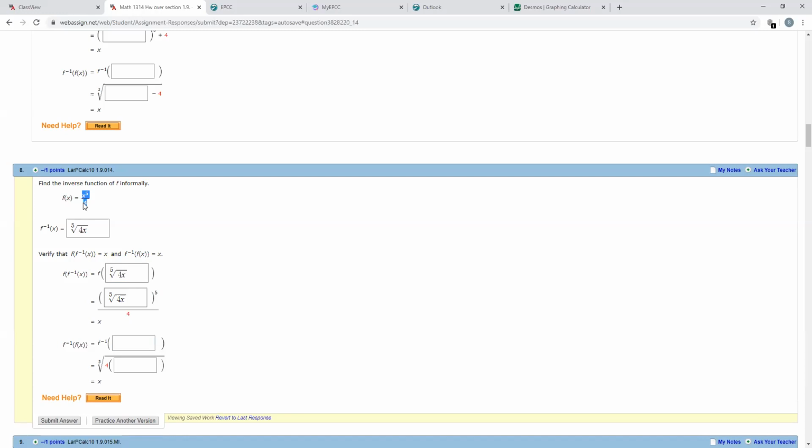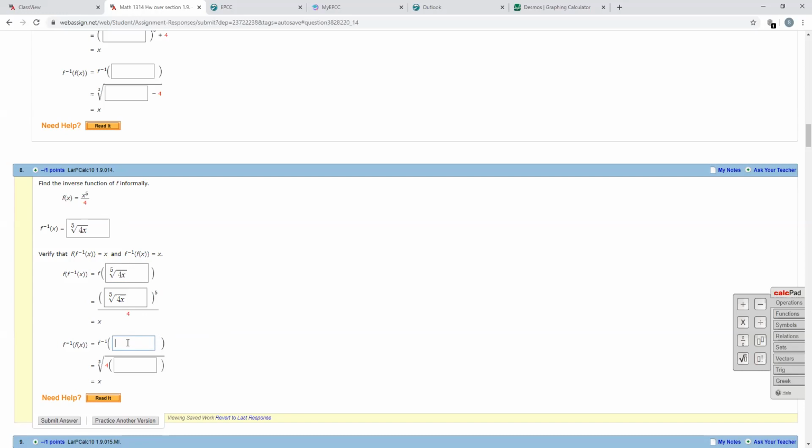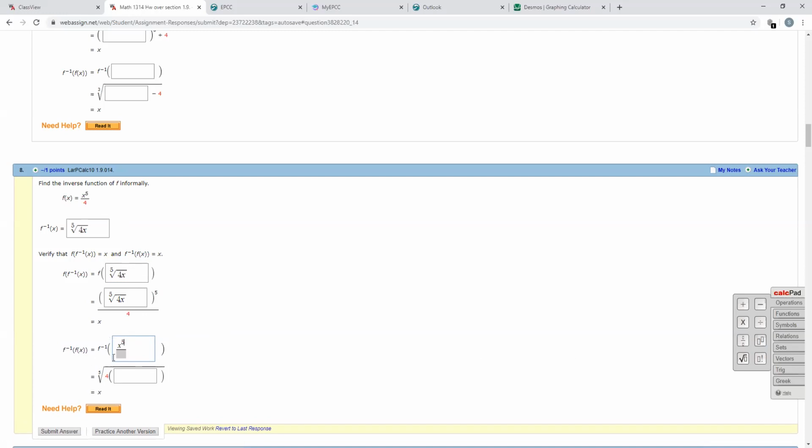So instead of f of x, we're going to put its range expression. So right here, we copy it. I don't know what happened there, I guess it didn't want me to copy that. So we have to type x to the 5th divided by 4.